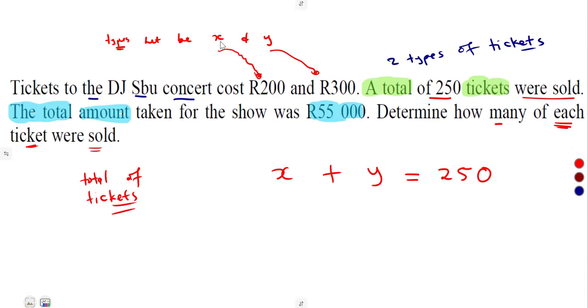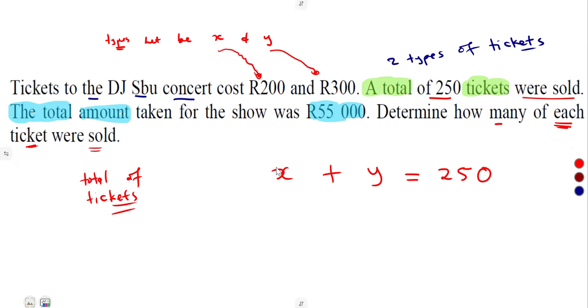And for the 300, Y. How many? 250 were sold. If you take it that way, it's going to be easier to understand.